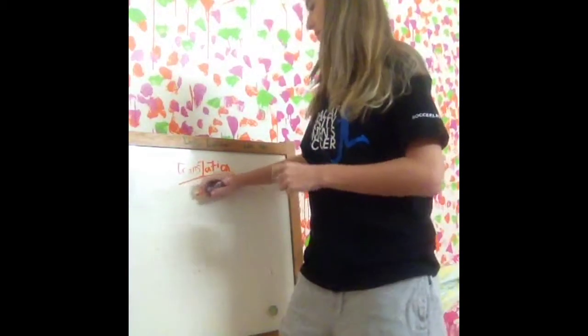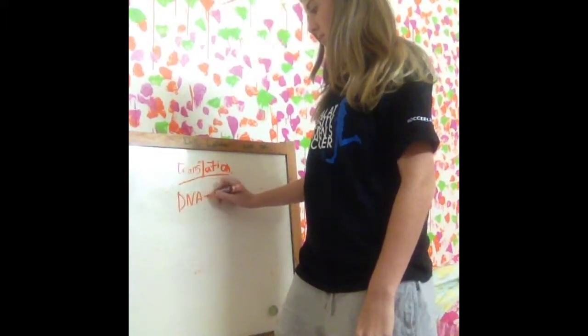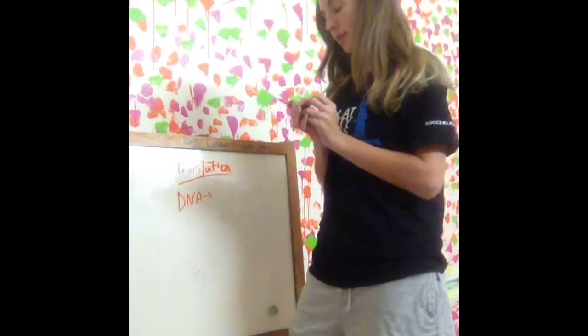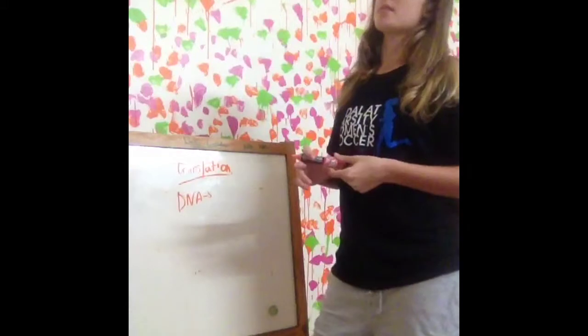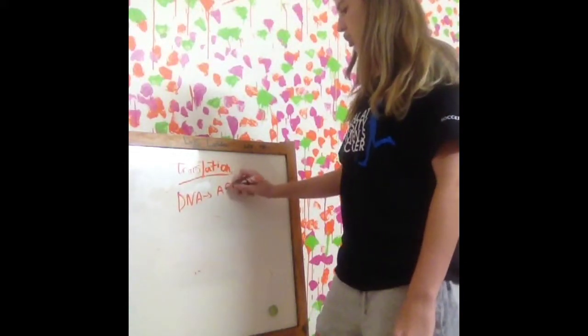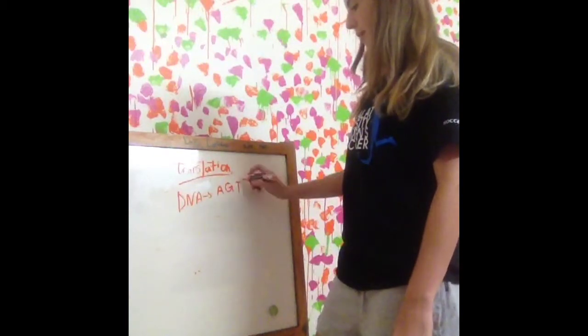So let's say the DNA code complementary base is AGT. Okay, AGT.